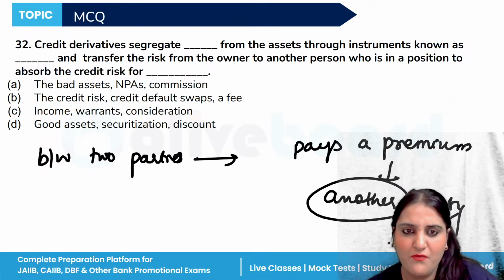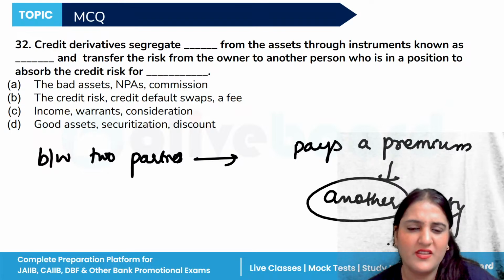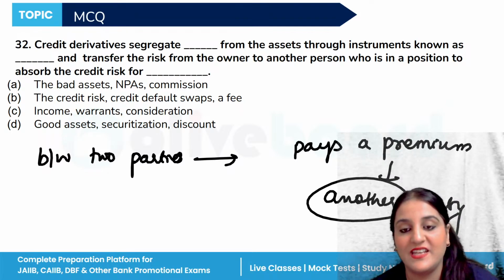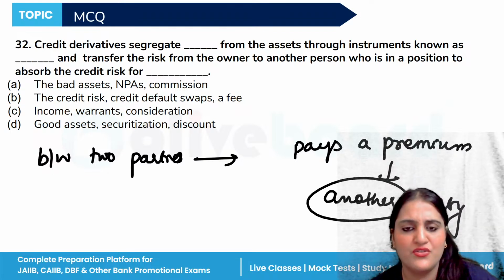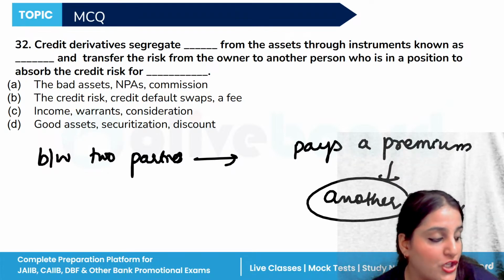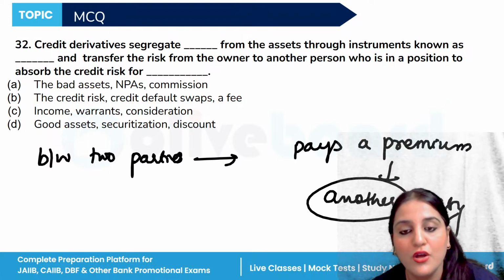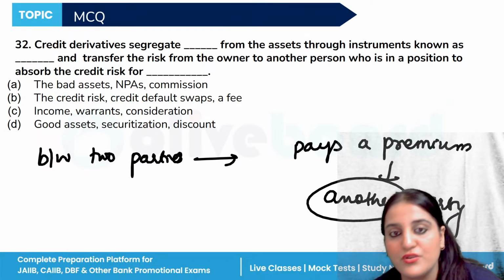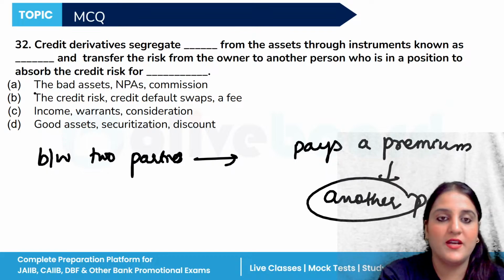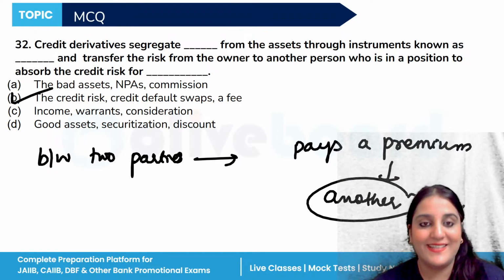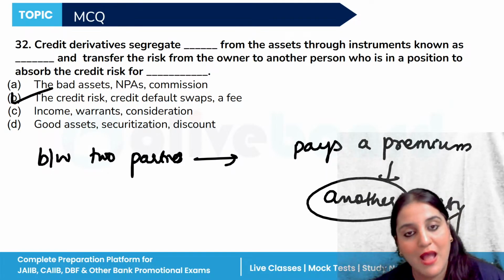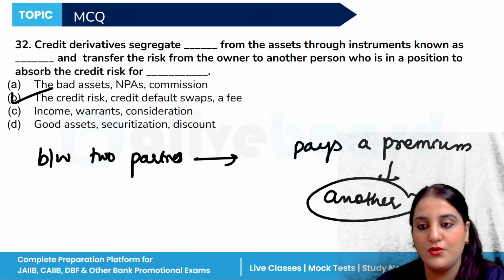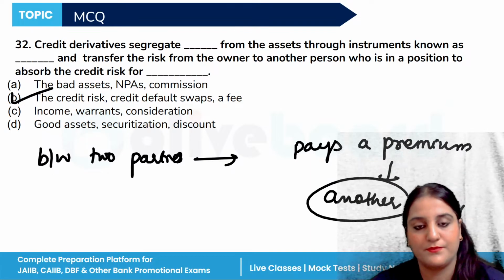Income warrants consideration is not the correct option because it is not related to the core function of credit derivatives. Good asset securitization discount is also not a correct answer, and it is not related to credit risk management. So the correct answer is option B, the credit risk, credit default swap, and also the fee. Answer B is correct.